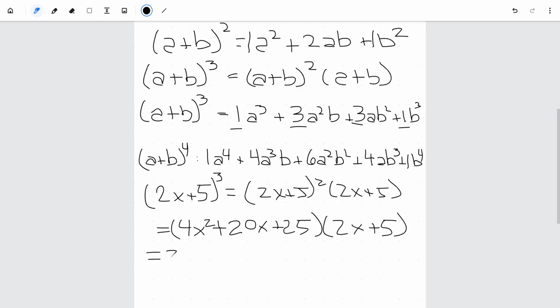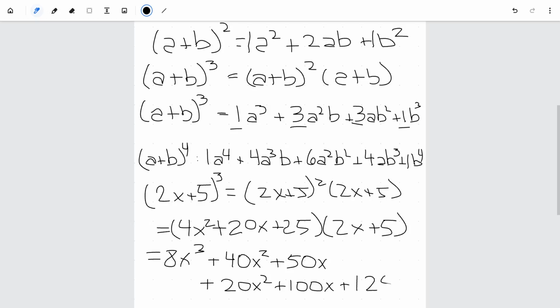And again, we get 8x^3. I have to slow down a little bit to do this. Plus 40x^2 plus 50x plus 20x^2 plus 100x plus 125.